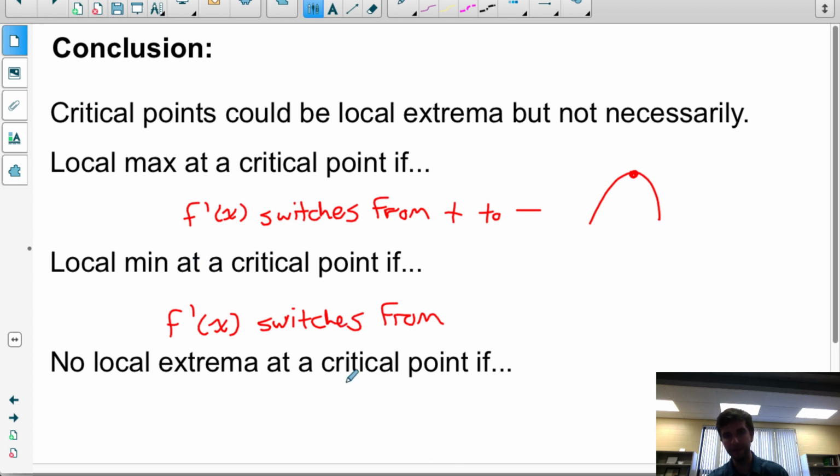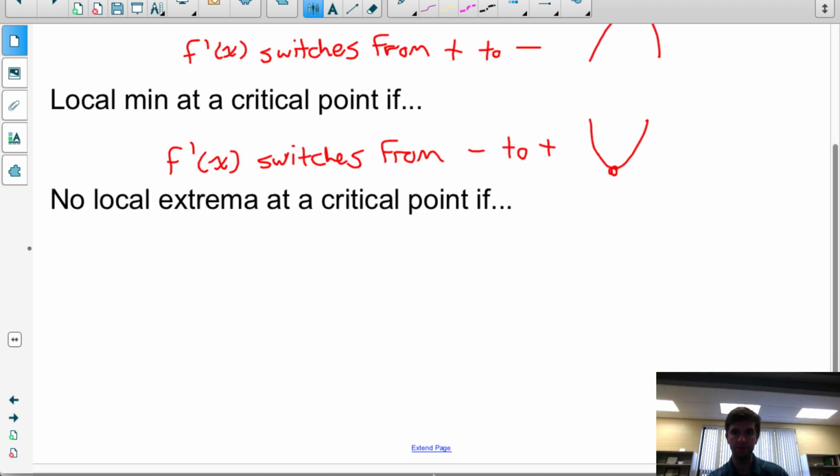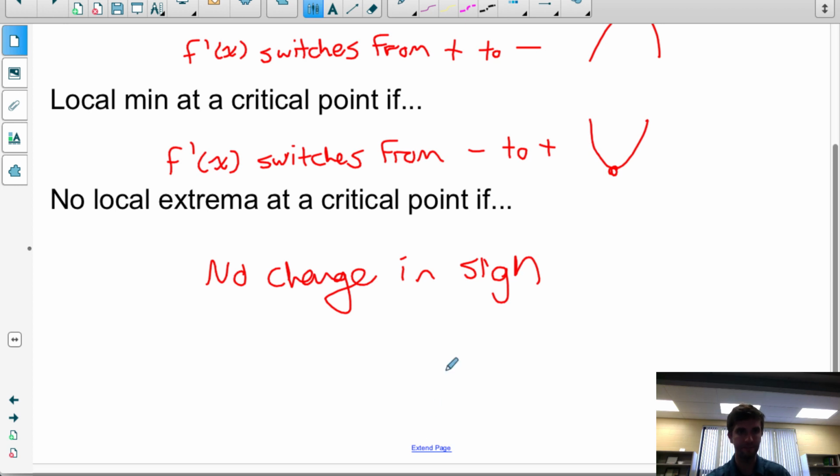There'd be a local min if the derivative switches from being negative to positive around the critical number, right? Because that would mean the original function was decreasing and then changed to increasing. There's no local extrema at a critical point if there is no change in sign. So let's do two practice examples of this.